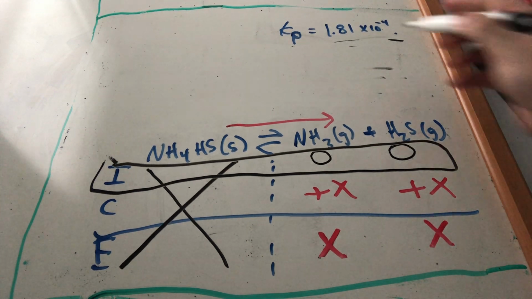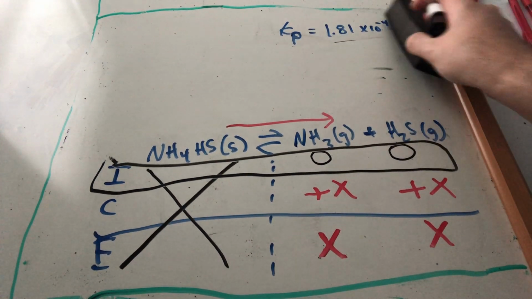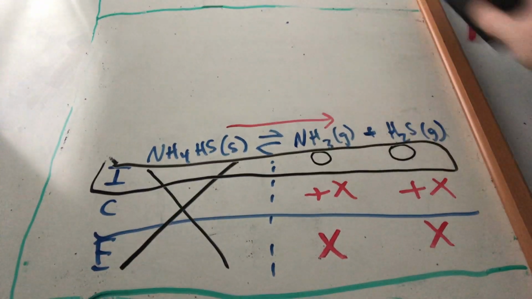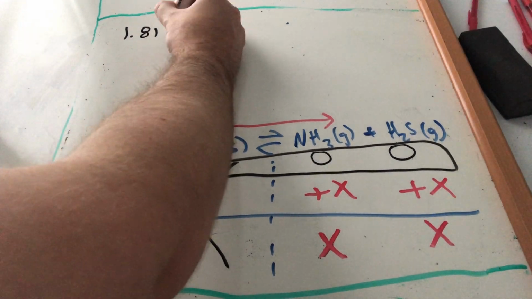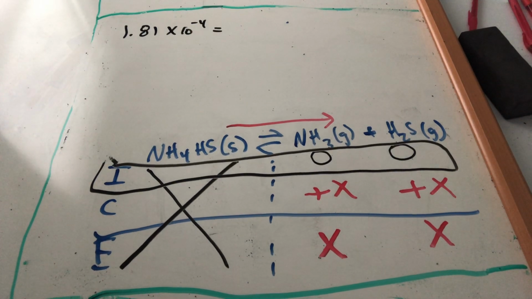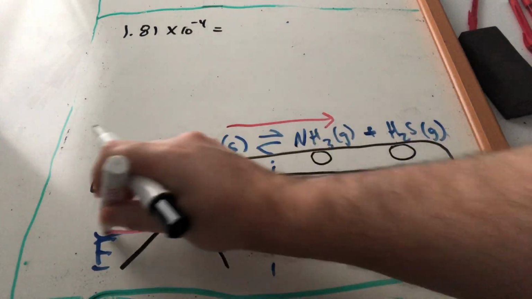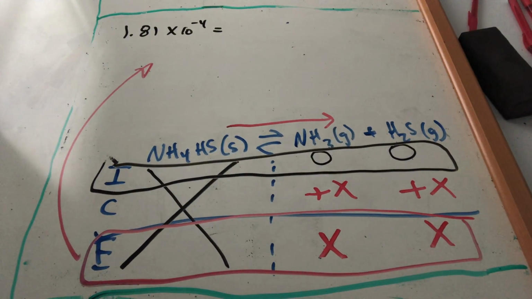And now for this problem, do we have a K? Sure we do. It's 1.81 times 10 to the minus 4. If you think about the K expression, remember, K information comes from the E slot of your ice table.